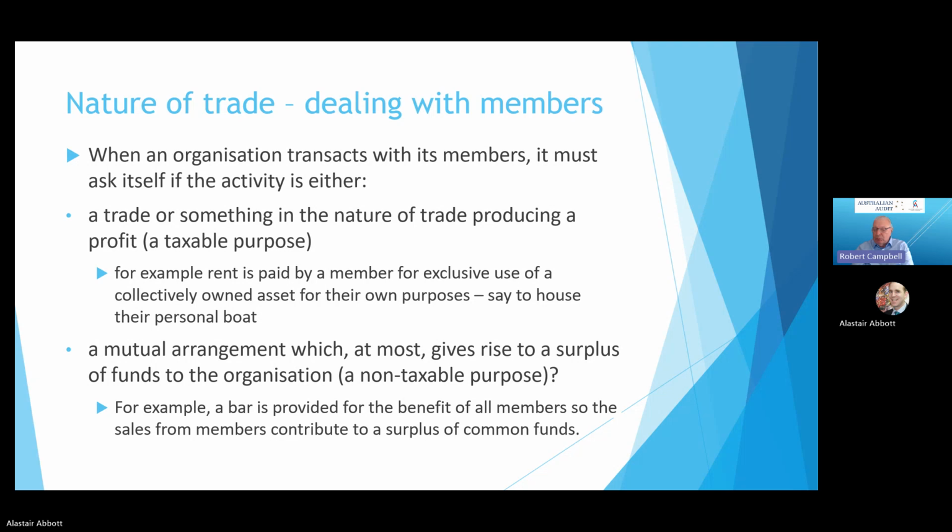A mutual arrangement which at most gives rise to a surplus of funds to the organisation. For example, a bar is provided for the benefit of all members so that sales from members contribute to the common surplus of funds. So that's clearly allowable and non-taxable. Next slide.